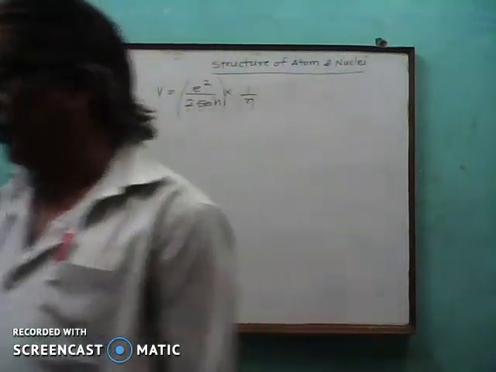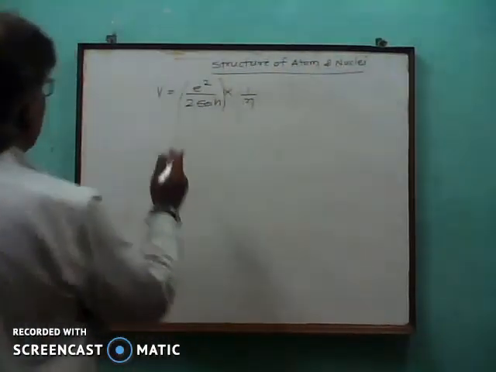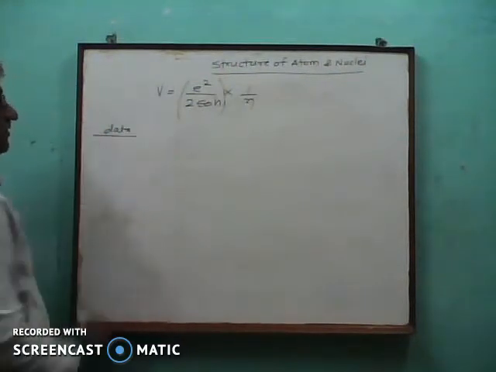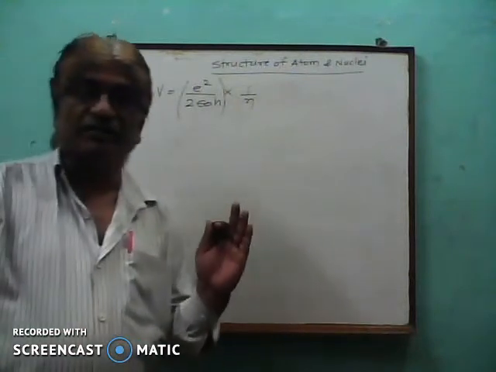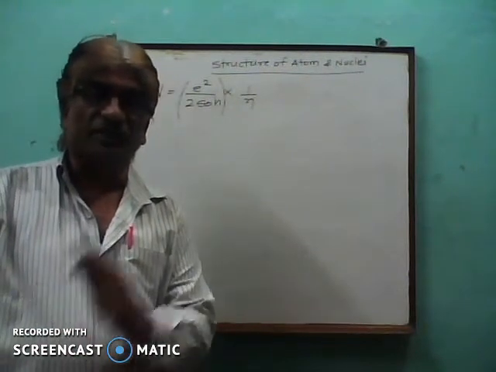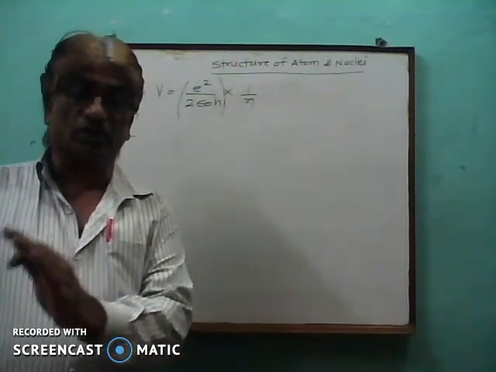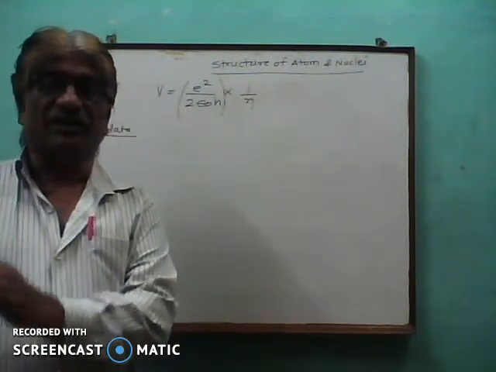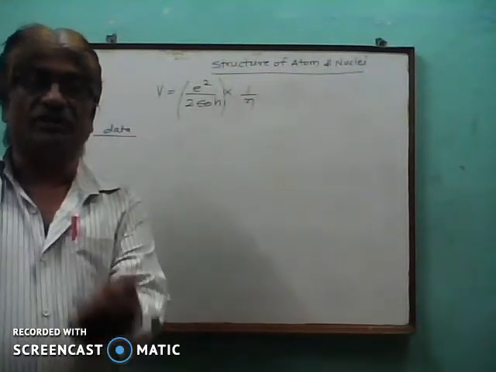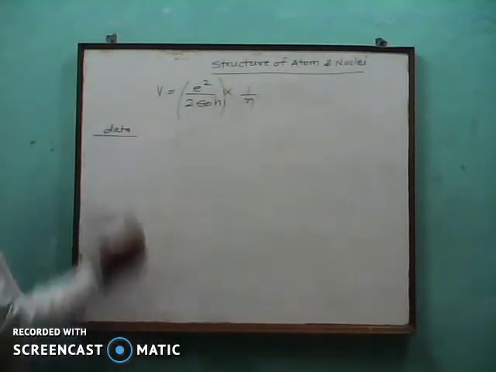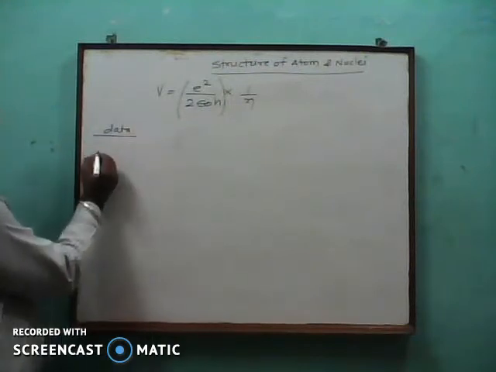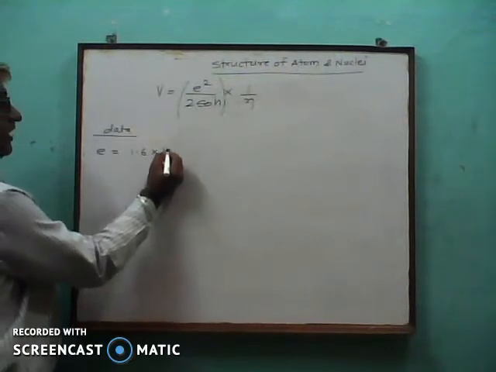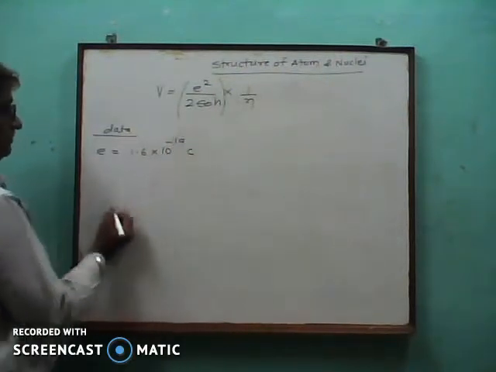So here, if we write the question, velocity of electron in ground state or first orbit of electron in Bohr's theory of hydrogen atom, then we know the data. Charge of electron will be 1.6 into 10 to the power minus 19 coulomb.